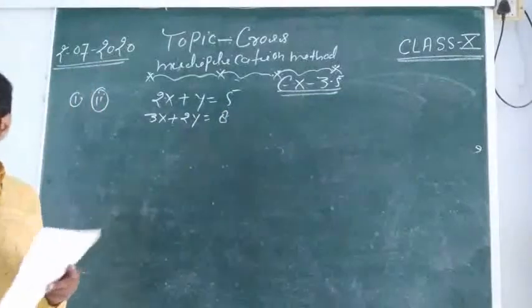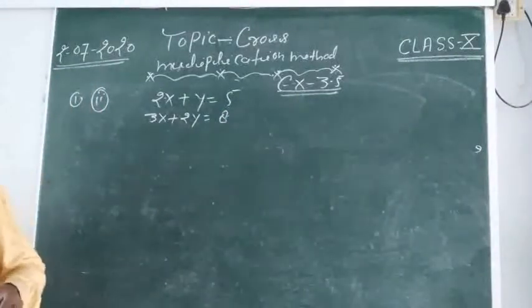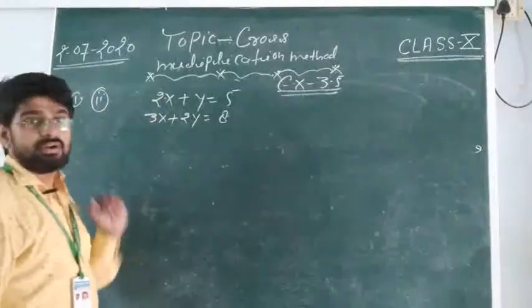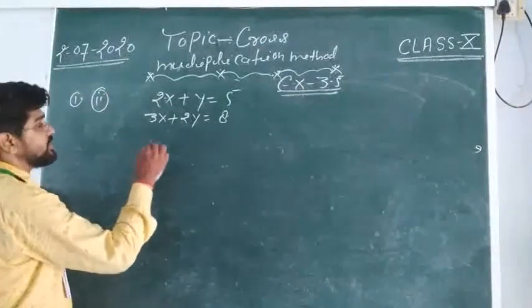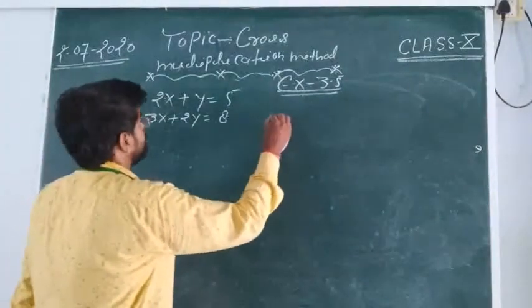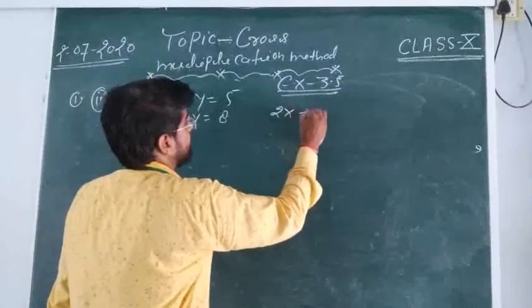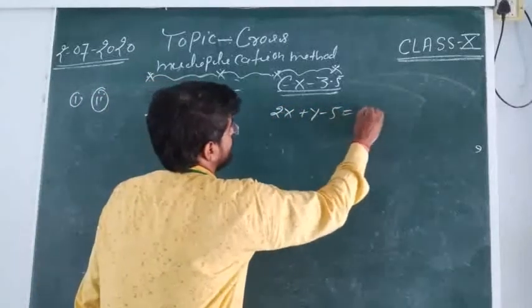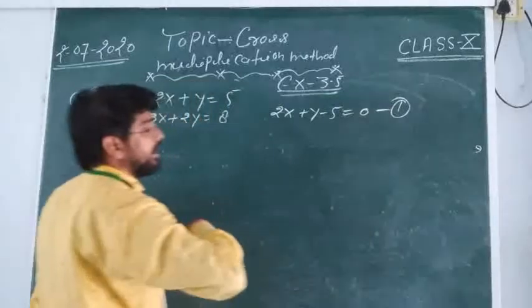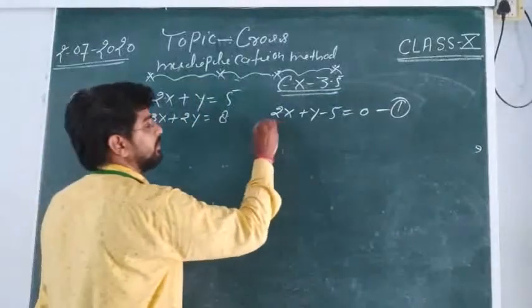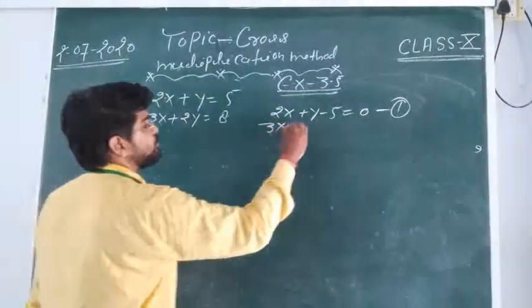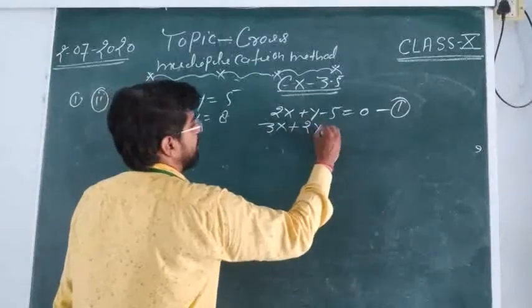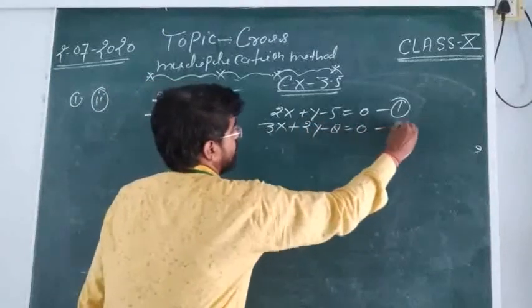So student, firstly we will write this question in simplest form. We can write 2x plus y minus 5 is equal to 0, first equation, and 3x plus 2y minus 8 is equal to 0, second equation.